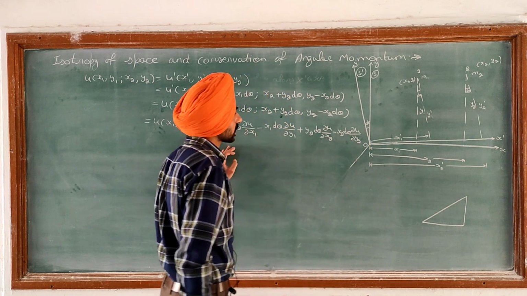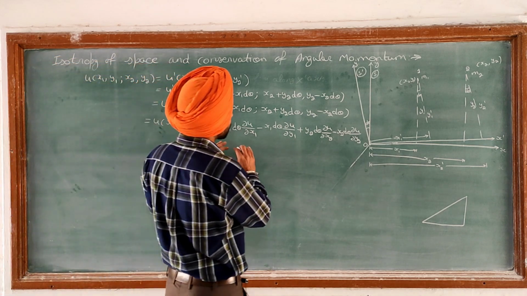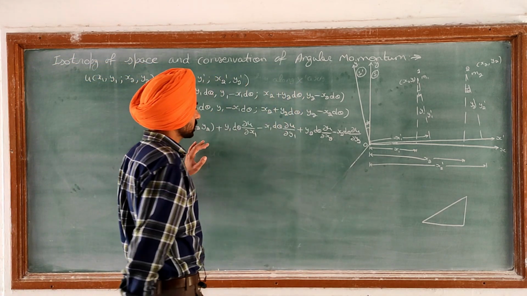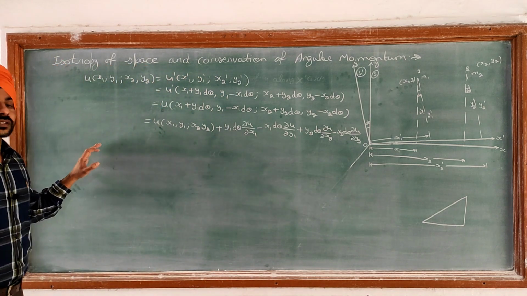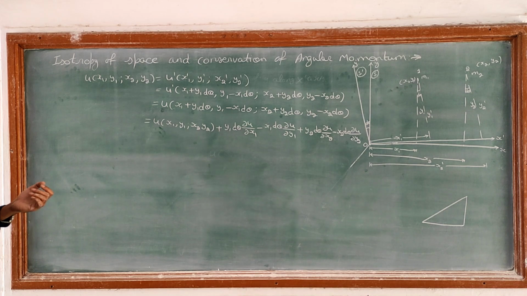You can go through Taylor's theorem. For this, I used the expression of Taylor's theorem. This was also discussed in the previous lectures, how we can expand the expression with the help of Taylor's theorem.